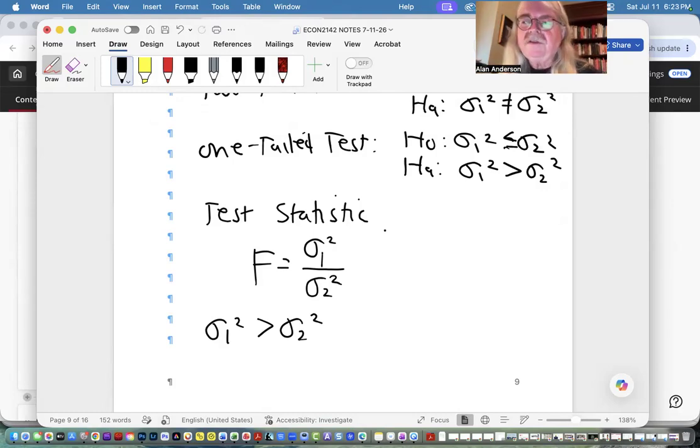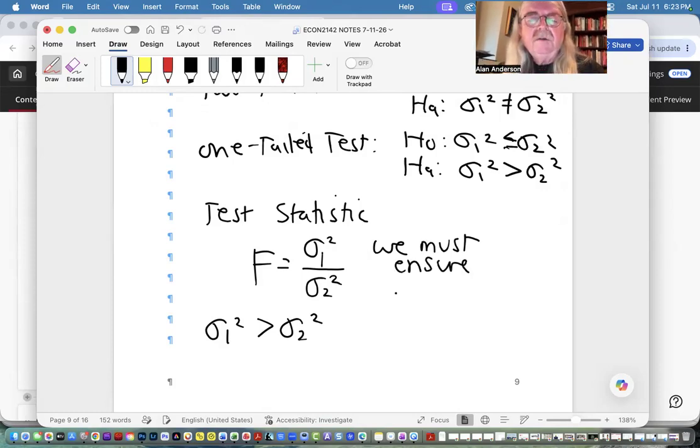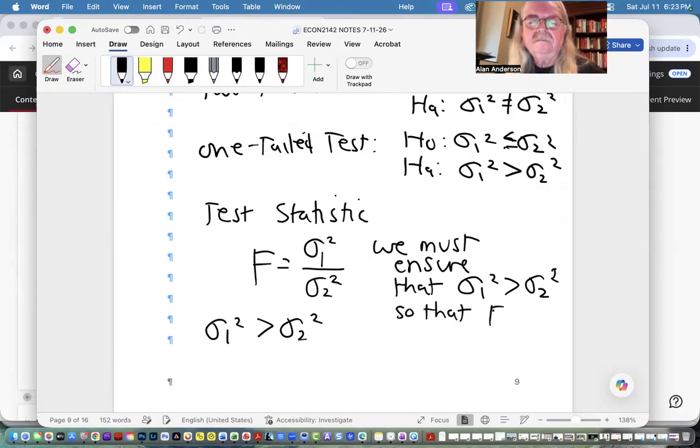So, in other words, all of a sudden, for the first time, it matters which population is one and which is two, because we must ensure that the numerator variance is greater than the denominator. So, in other words, we have to make sure that we chose them correctly. So, I don't want to see sigma 1 squared being less. That means I've got them backwards.